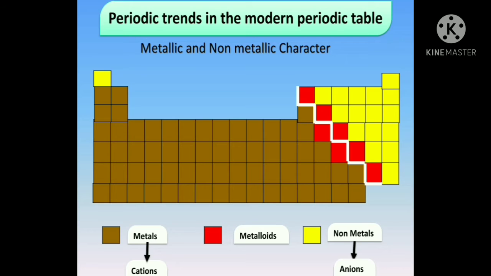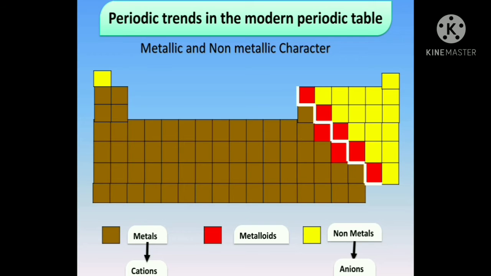If we see the periodic table, in a period from left to right, the loss of electron decreases, whereas the gain of electron property increases. So, metals are from the left side, whereas non-metals are from the right side.